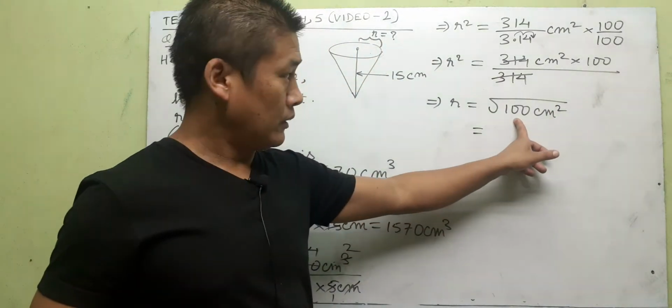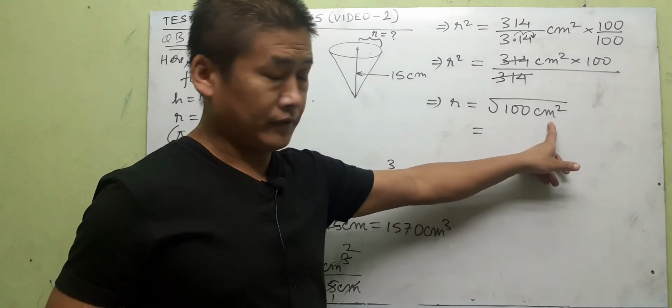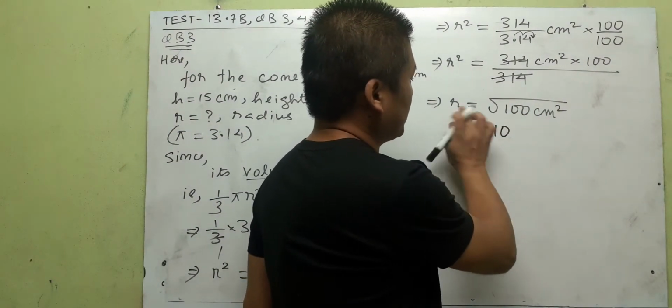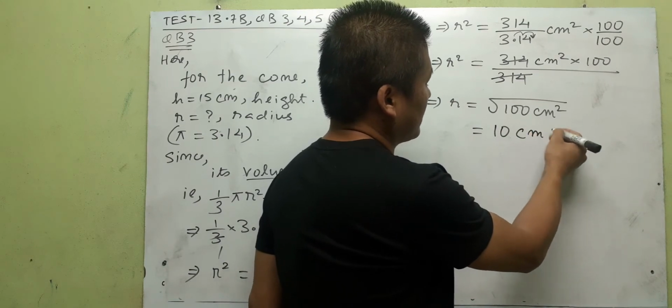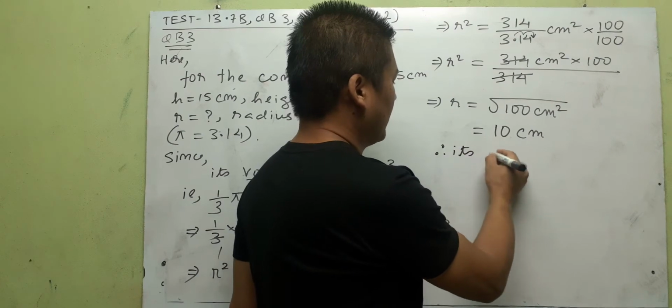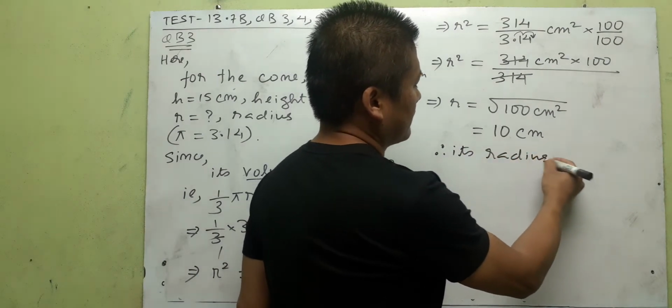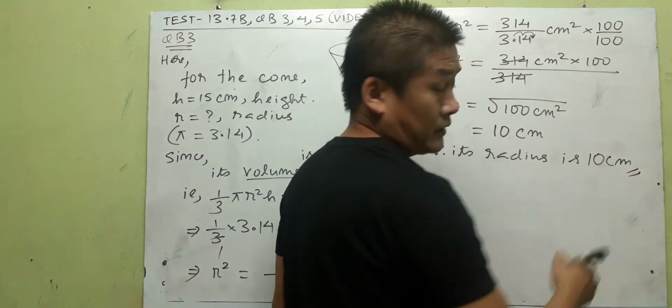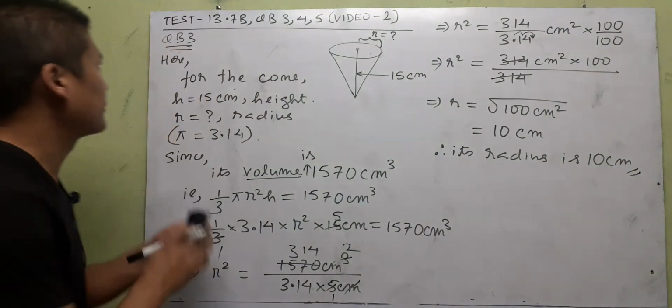We know that 100 is 10 into 10, 2 times, therefore double will come out as single out of the root, and centimeter double will come out as single. Therefore, its radius, the question is asking us, is 10 centimeter. Okay, that's your first question.